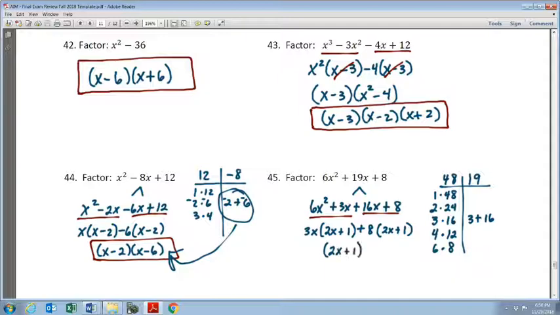So finally we get 2x plus 1 times 3x plus 8. And the other thing I would just mention is we can always multiply and go in reverse, and we should get what we started with. If you FOIL on number 45 and 44, you'll get what you started with. And similarly, you can multiply what you got for answers on 42 and 43, and you should end up with the answer that you started with.